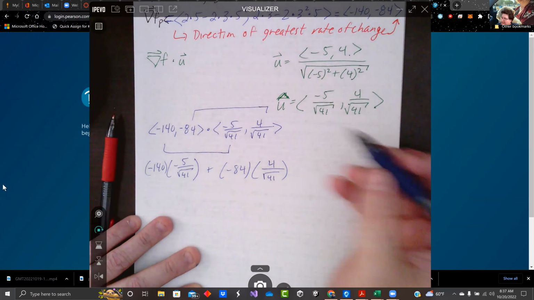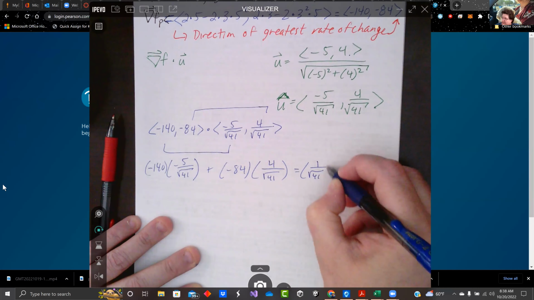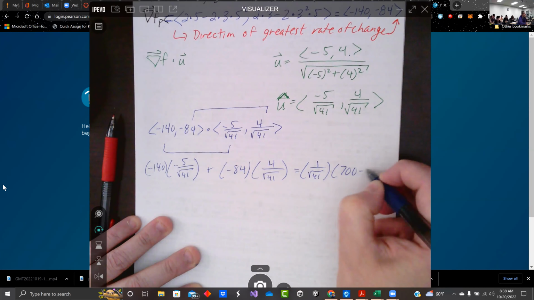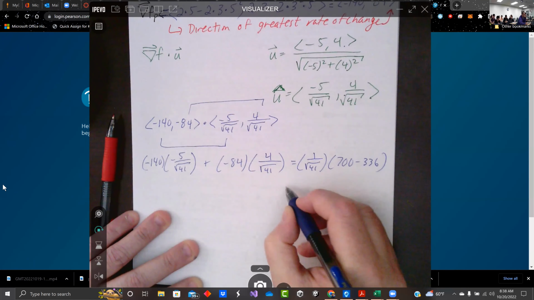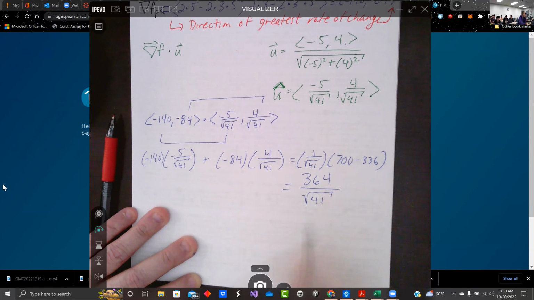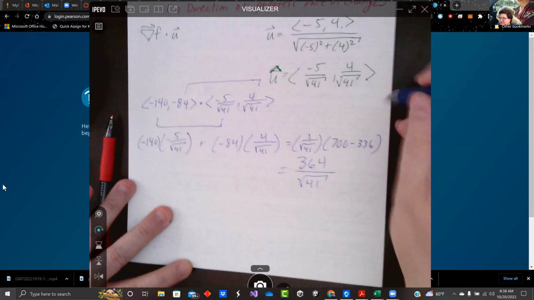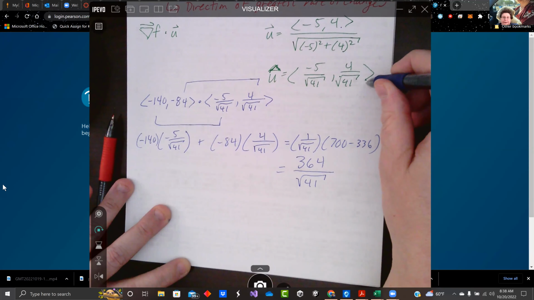And this ends up being, if I factor out the 1 over root 41, 700 minus 336. If it helps, you can just divide by the magnitude of u at the end.